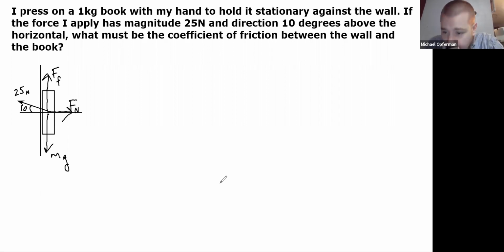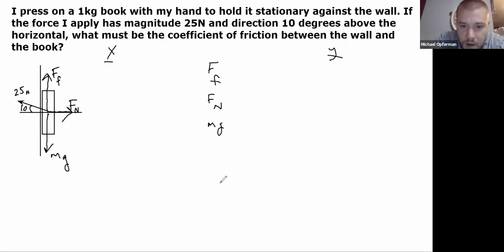Step 2, make sure I have the components of all these forces. There's only one force here that needs to be broken into its components. Well, let's just be extra careful about this and make sure. Okay, so let me make a little chart here. We've got friction force, normal force, gravitational force, and the 25 Newton force.